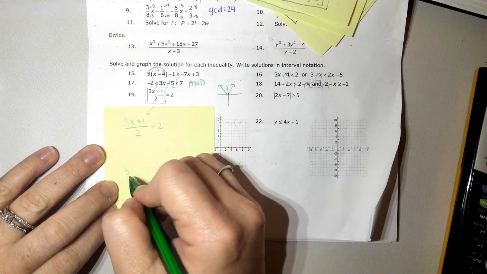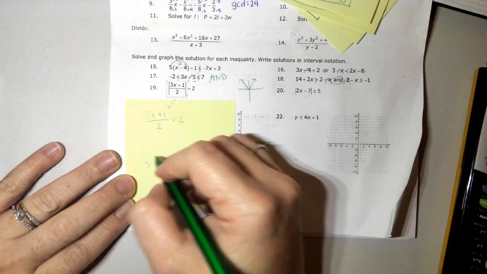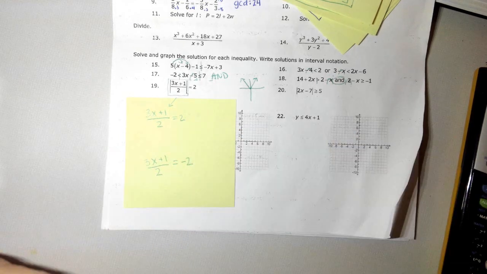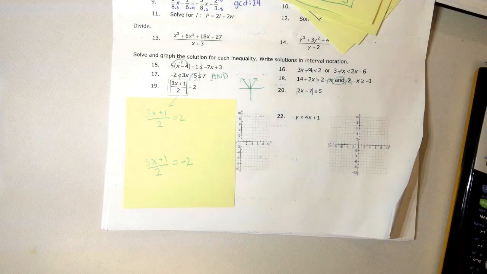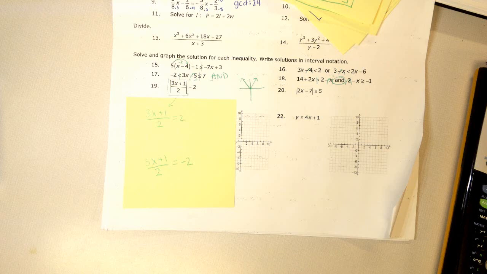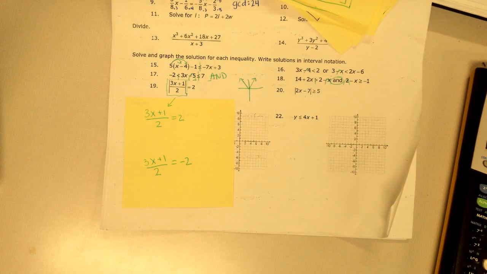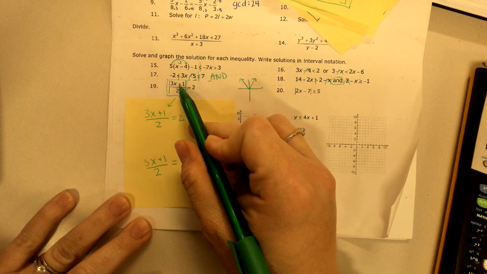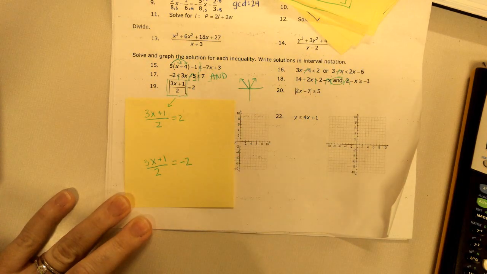So (3x plus 1) over 2 equals negative 2 because, remember, the absolute value cancels the negative. So if this equals negative 2 on the inside, it's still going to equal positive 2 because of the absolute value. So you have to solve both.